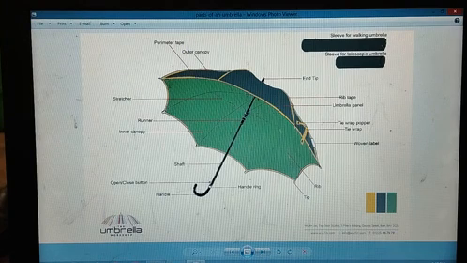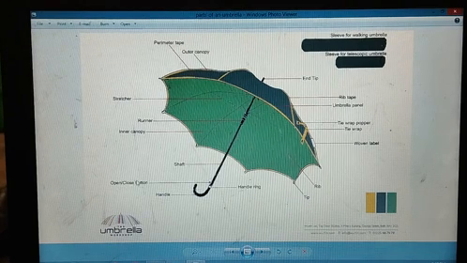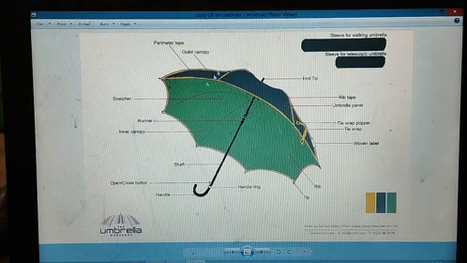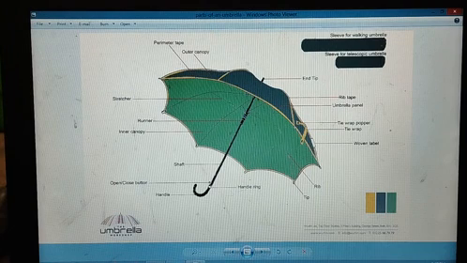So in case the handle is missing, in case the open and close button is missing, you find that this umbrella won't work very well. This project of the umbrella, our product, this one won't work very well to solve the problem.